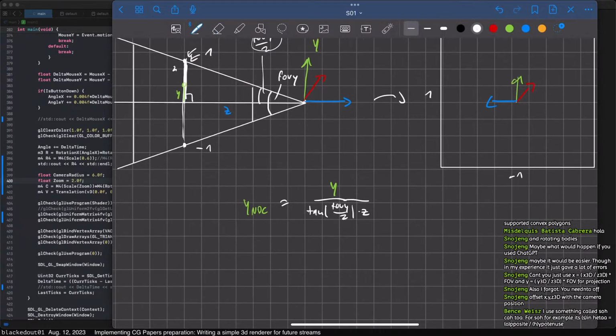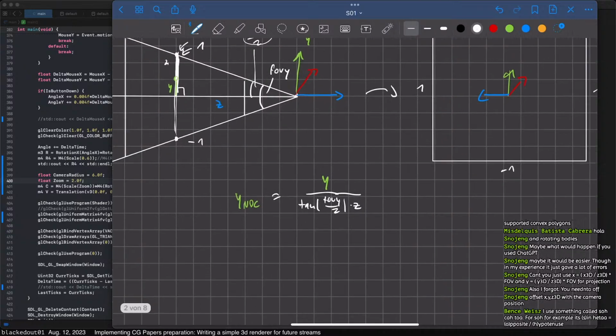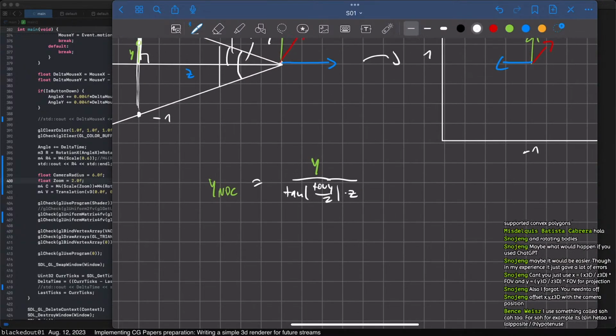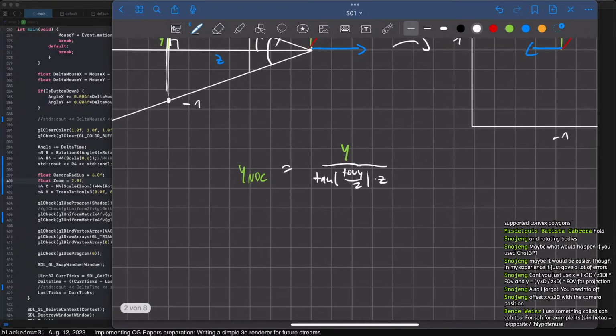And now you can maybe already see a problem that we have, because this is equal to y. So this is not a problem here. We can just use 1 over the tangent of field of view y halved times y.